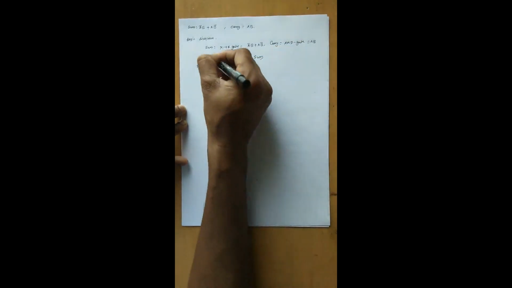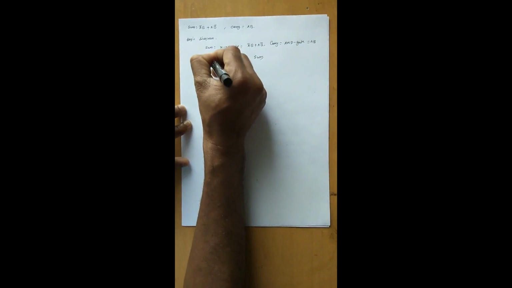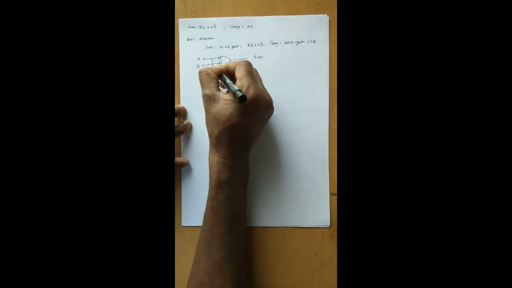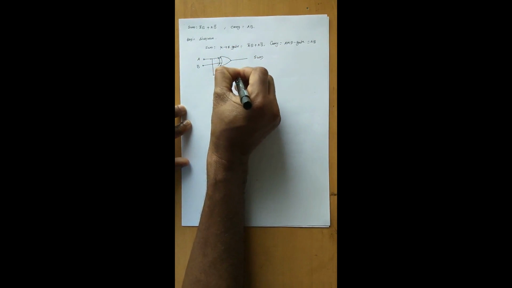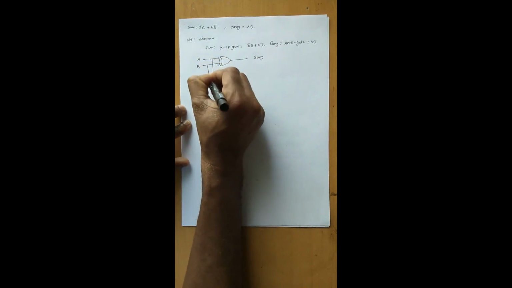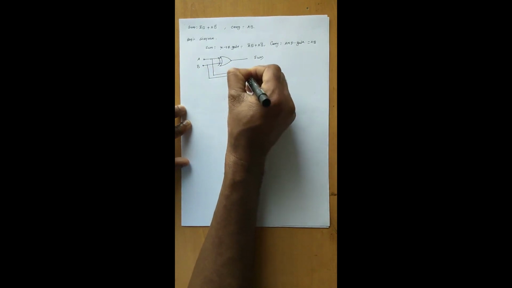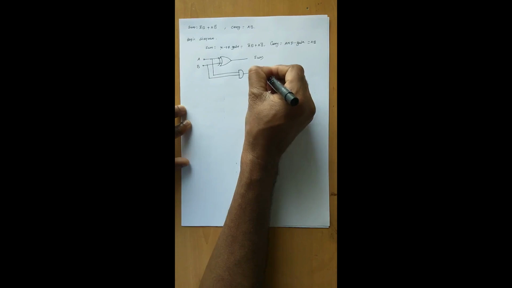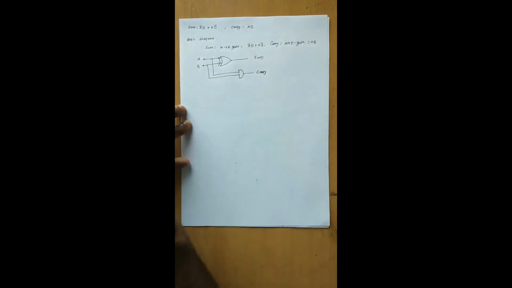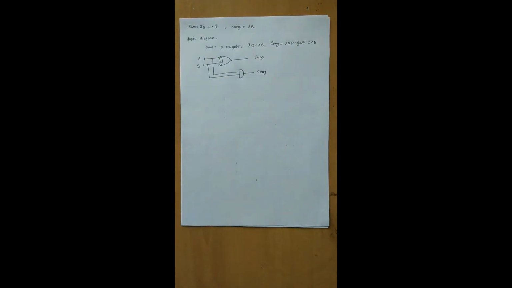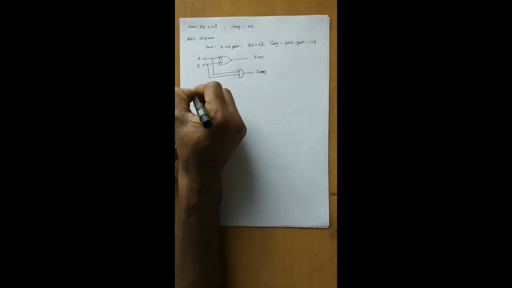In the same way, using the same inputs, we use an AND gate, and it produces carry. I hope you understand. The first type of adder is the half adder. Next we continue with the full adder.